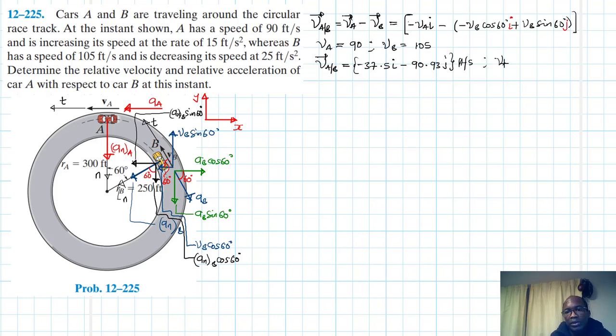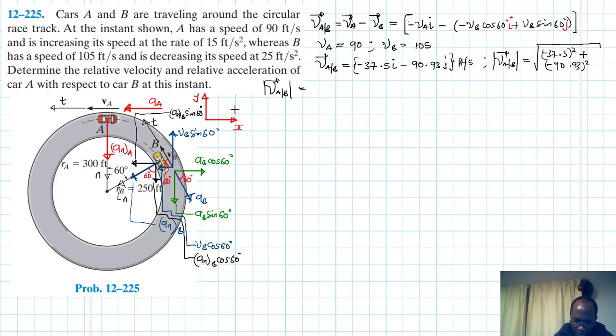Using Pythagoras' theorem, the magnitude of v_A with respect to B is just equal to the square root of minus 37.5 squared plus 90.93 squared.